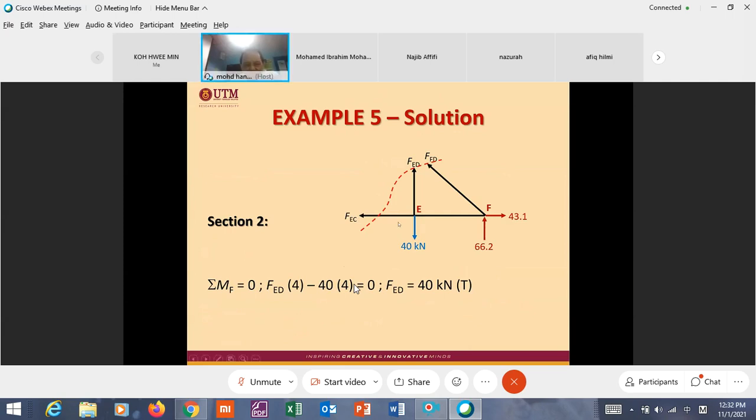We have 3 equations, but because we already know the force in another 2 members, we have only one equation left, that is the rotation equation.